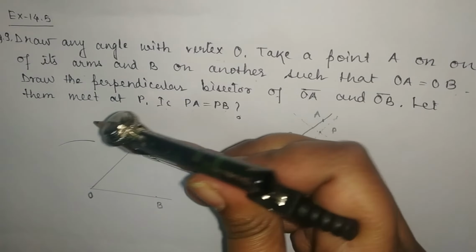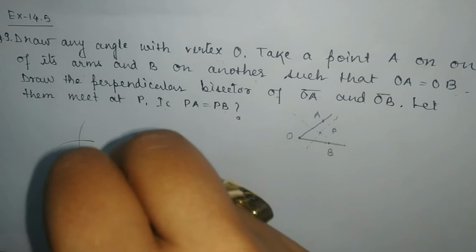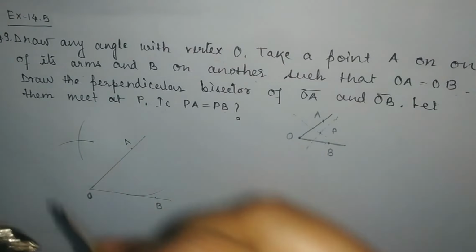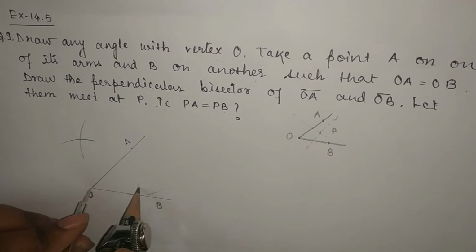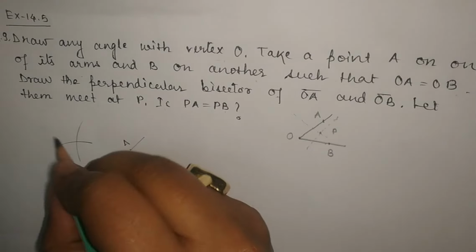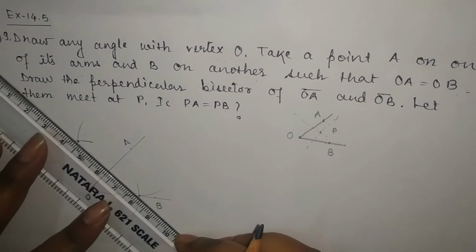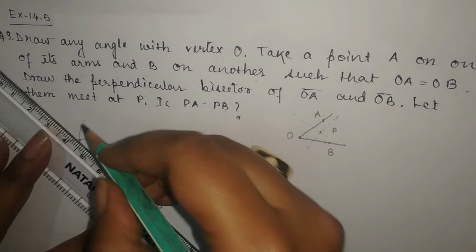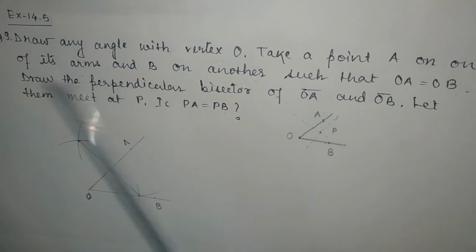The same measurement from point A, we'll draw an arc upwards and then downwards. From point O also we'll draw an arc downwards. So this is the intersecting point. Let's join these two. So this is the perpendicular bisector of OA.